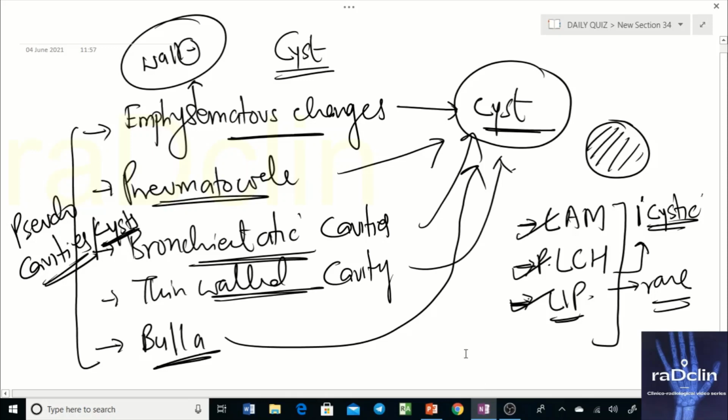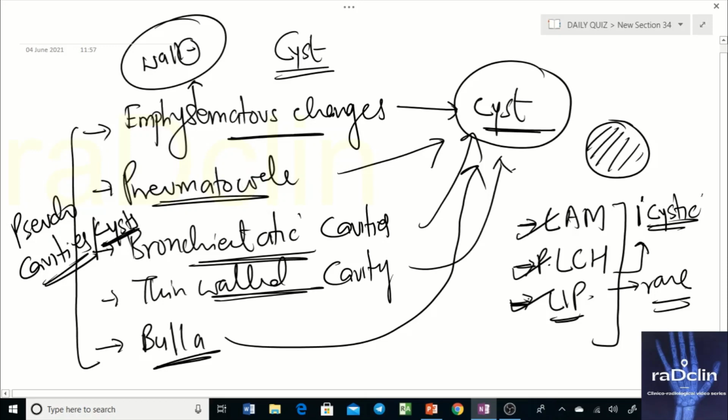There are so many overlapping features in chest radiology that you have to look for the clinical history and other findings to localize or to rule out other causes and finally come down to a narrow differential diagnosis list. That is why, for emphysematous changes, if the patient has a history of multiple acute exacerbations, or is taking inhalers and is diagnosed with COPD, then you will always think of emphysematous changes.